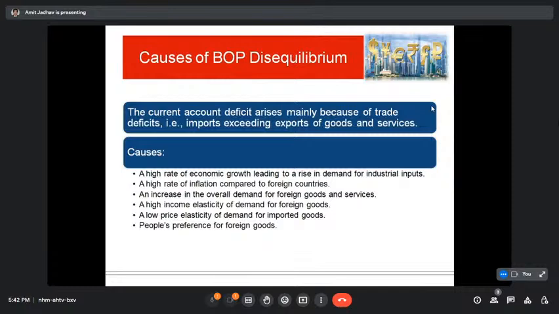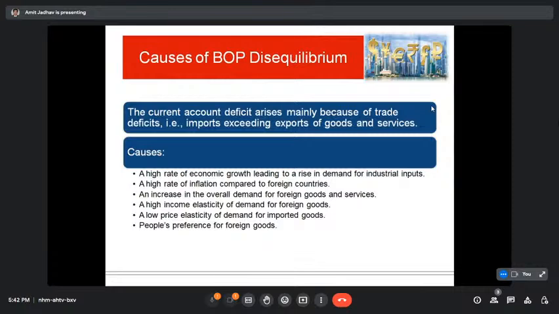The demand for foreign goods or services may also increase because of quality. They have quite better quality, and because they are able to sell their commodity at a lower price, there will be a tendency to use foreign or outsider commodities.